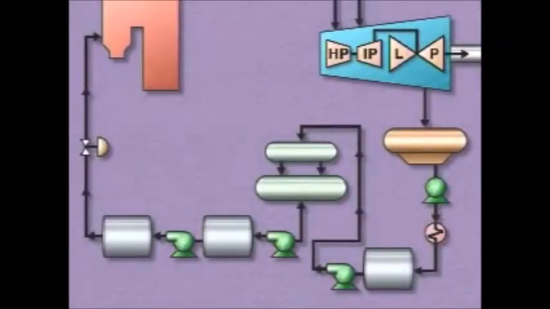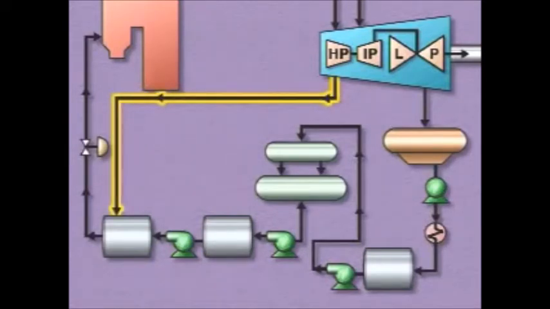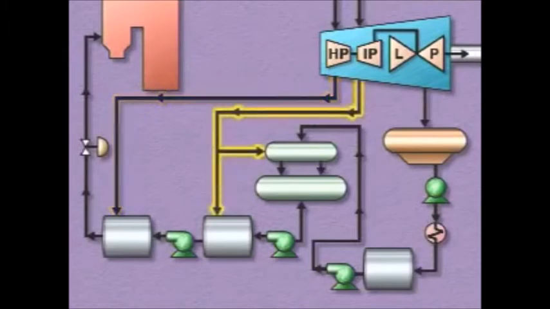One more system that we need to look at is the extraction steam system, which serves both sides of the condensate and feed water system. Steam is extracted from the turbine and used as the heating fluid in heaters throughout the condensate and feed water system. Steam from the high-pressure section of the turbine is generally used in the high-pressure feed water heaters.